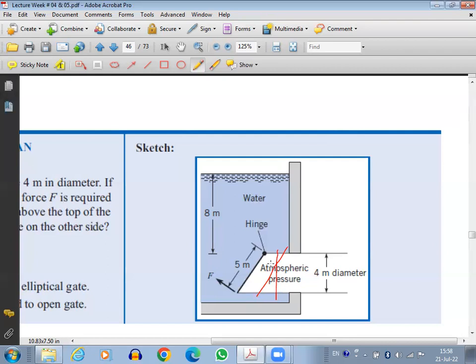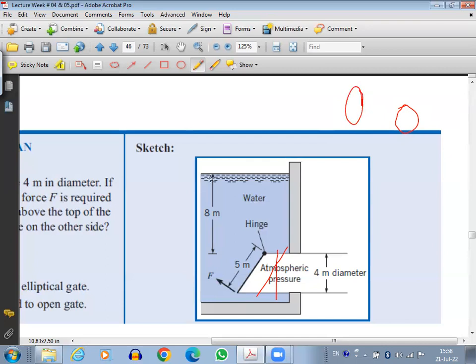If I cut it exactly vertically, then it would be a circle. But if I do not cut it exactly vertically, if I put it at a tilt, an angle, then if you look from the front, perpendicular to that cut area, you will find that it is now an ellipse. So it becomes an elliptical gate.